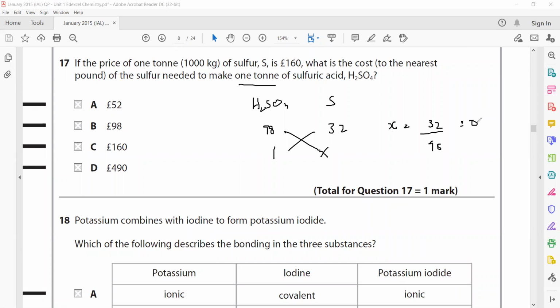That will be 0.32 tons of sulfur needed. And 1 ton of sulfur costs 160 pounds. So if we need 0.32 tons, it will be X. So 160 multiplied by 0.32, so that will be equal to about 52 pounds.